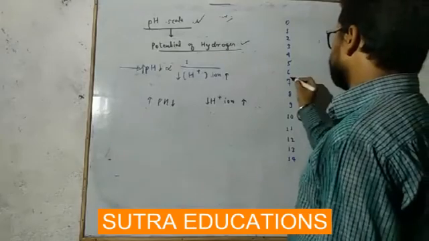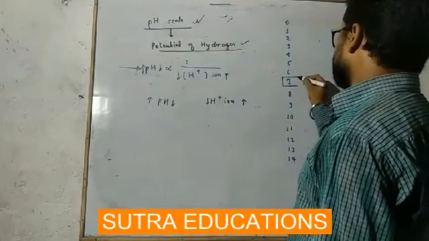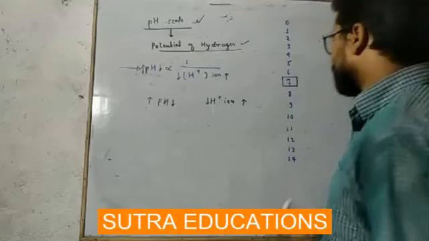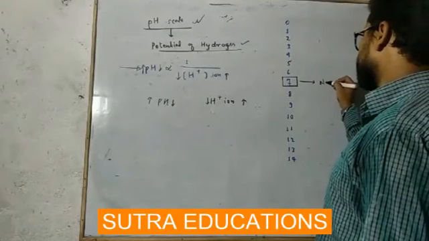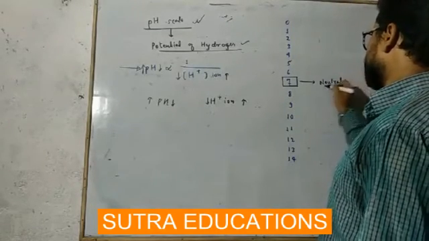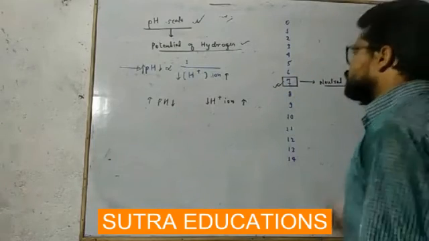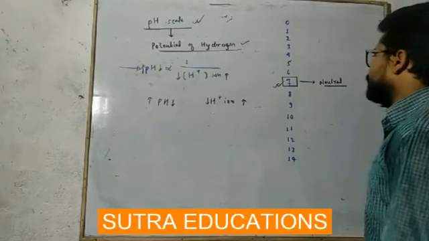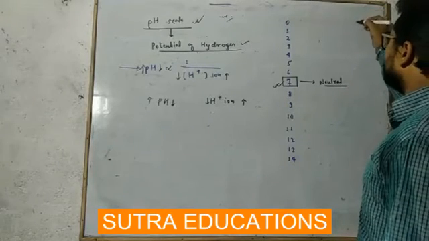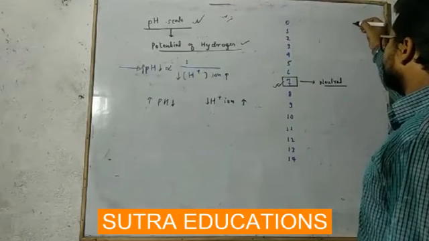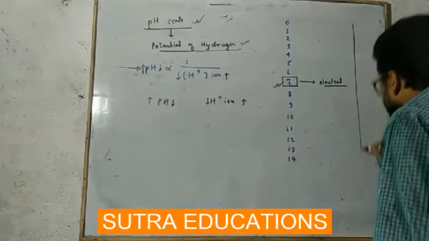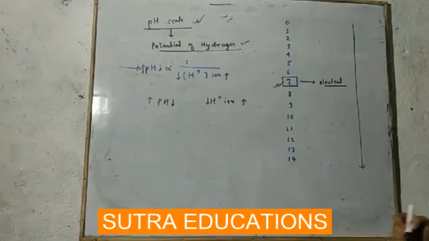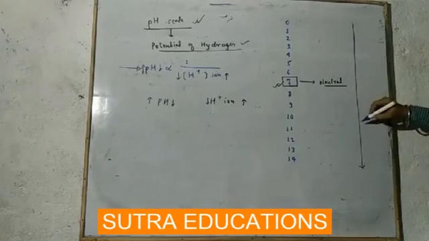Here 7, enclose this in a box. Very important. 7 means neutral. And as you go from top to bottom, what happens? In this case, the value of pH increases.